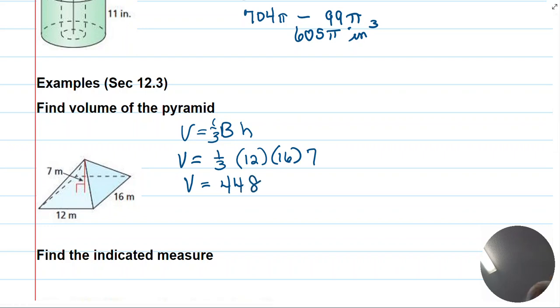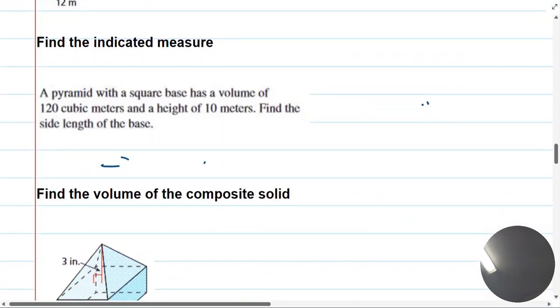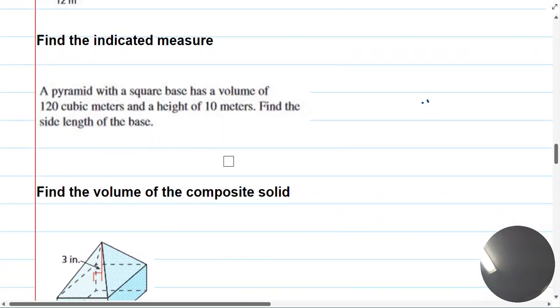And this is in meters cubed. Is everybody comfortable with that? Everybody okay? All right. Now we have a little language one, and you'll have at the most two, maybe one less drawing and two little word problems. Is that okay with everybody?